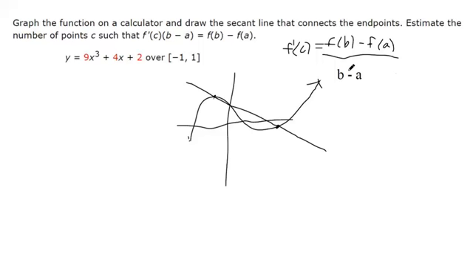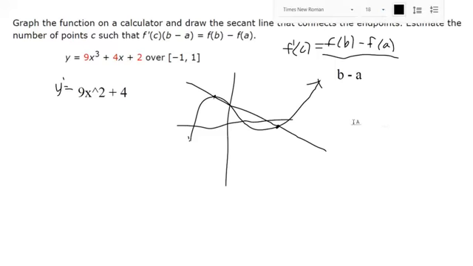So what we need to do is we need to find the derivative of y with respect to x. I'll type it out here. There's our derivative. And then to find out what c is, we need to know what the slope is between -1 and +1.